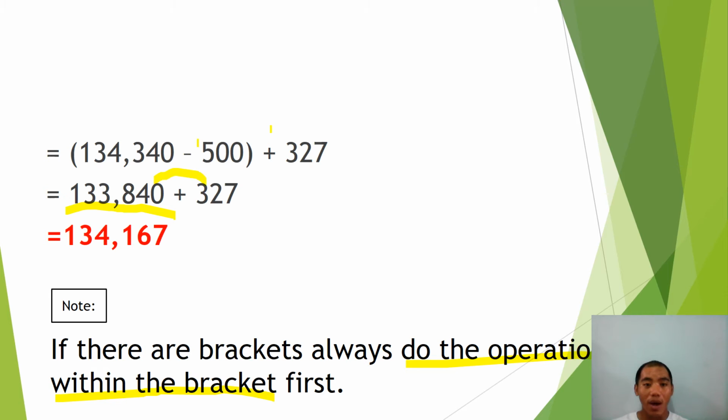Now we can add the next number, which is plus 327. The answer there is 134,167. Again, do the operations within the bracket first, just like what we did.